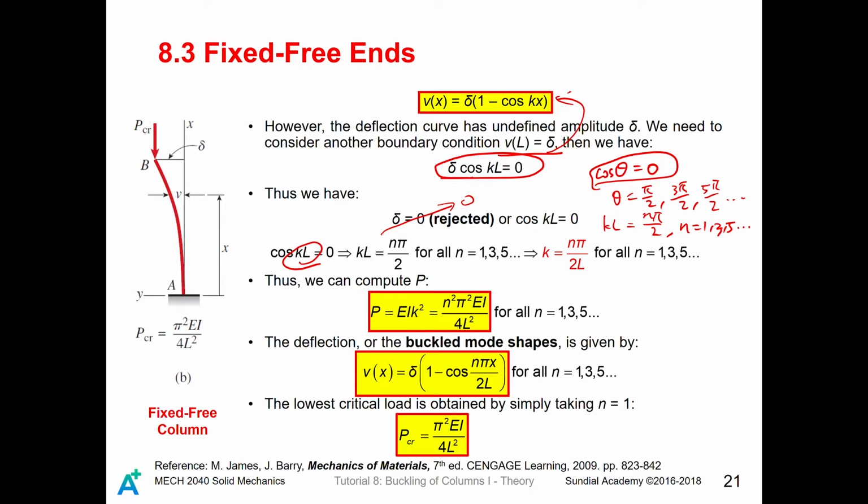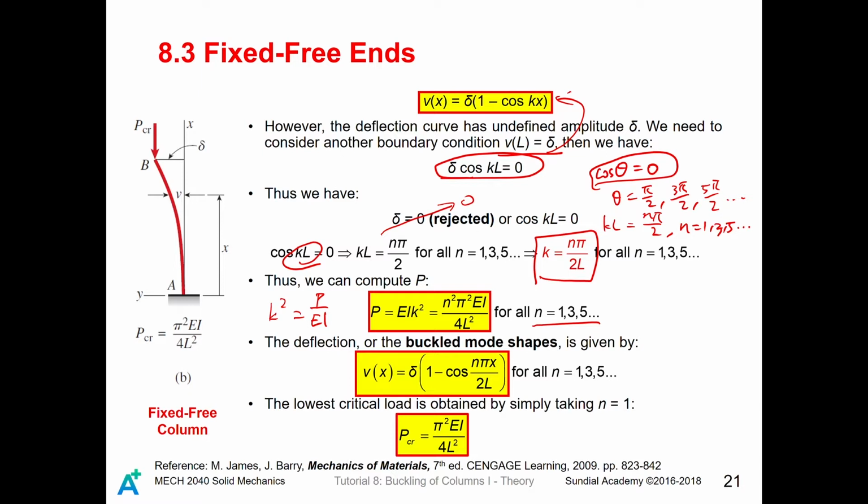Then we can compute P. Just now we have already assumed K squared equals P divided by EI. So you put P as the subject, and you get P equals EI K squared equals n squared pi squared EI divided by 4L squared, where K is n pi divided by 2L, for n equals 1, 3, 5, and so on.